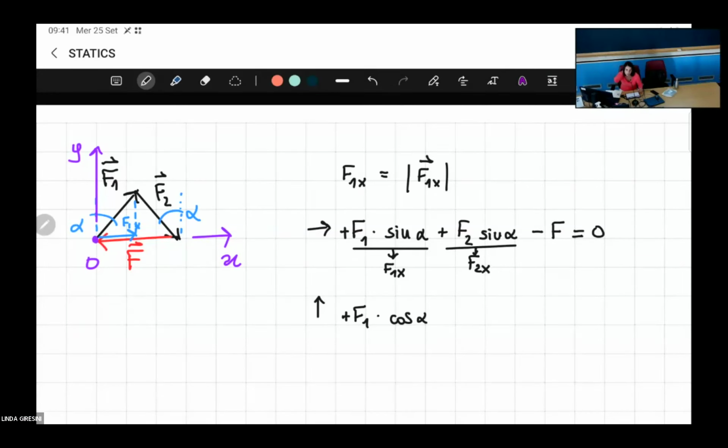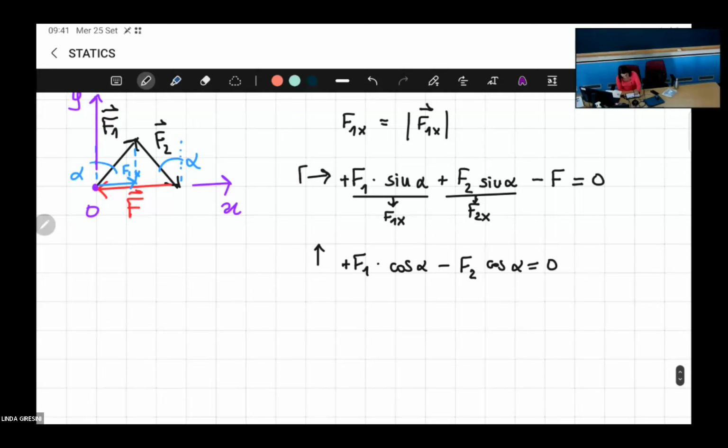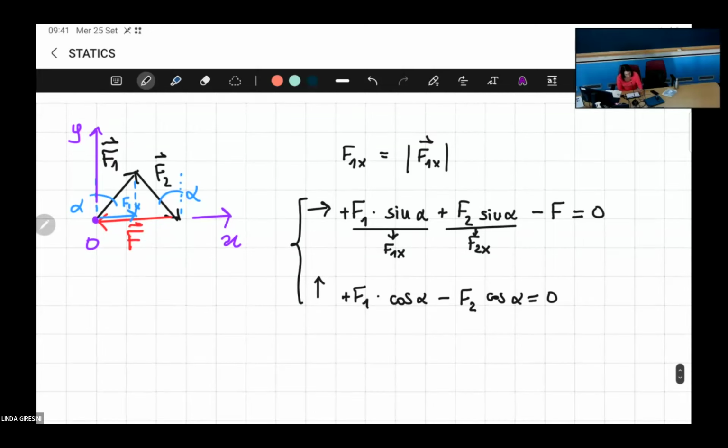What is the sign of F2? Minus. So we have minus F2 cos alpha equal to 0. These are the two equilibrium conditions.